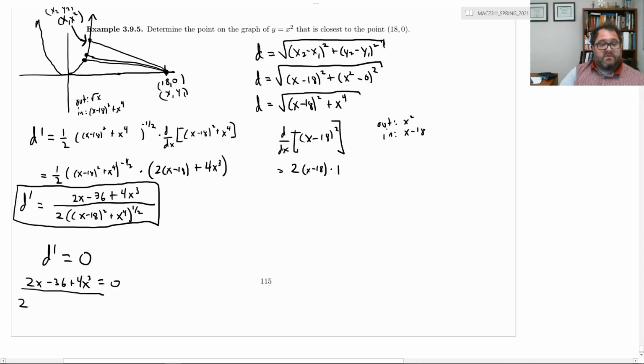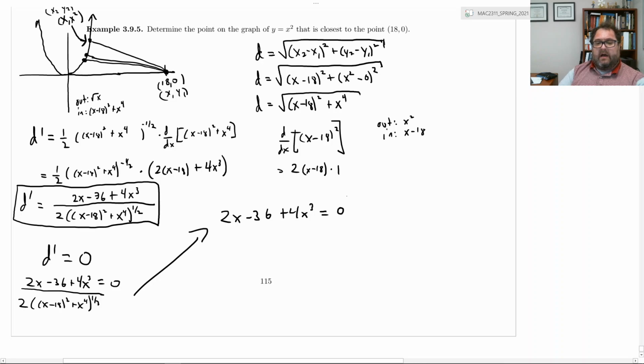And what do we always do when we're trying to solve quotients set equal to 0? All we have to do is consider the numerator set equal to 0. So 2x minus 36 plus 4x cubed equals 0.